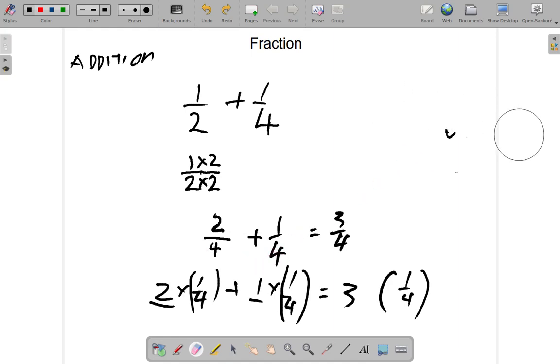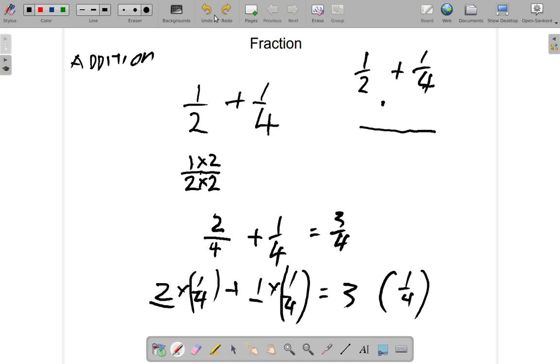Now, one of the usual methods of doing something like this is to say a half plus a quarter. A shortcut method. Draw the line, find the LCM of 2 and 4. Right? If you have done LCM before. If you haven't, then we'll deal with LCM in a later lesson.